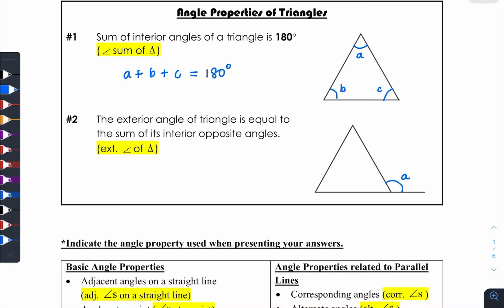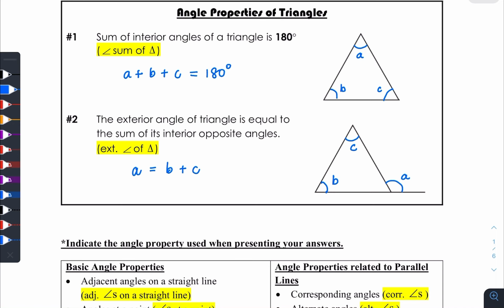So let me call this angle A, right? And it is equal to the sum of its interior opposite angles. So it is equal to these two angles, which I'm going to call B and C. So for this case, angle A is equal to angle B plus angle C, the interior opposite angles. Why is this so?